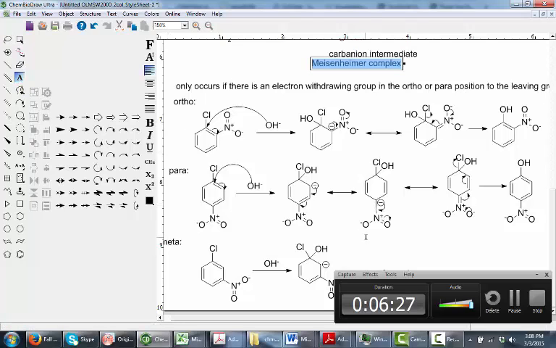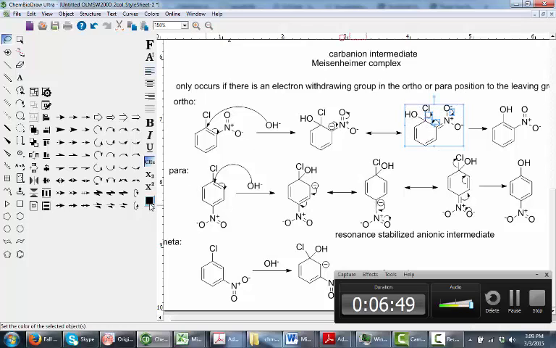So this has a resonance stabilized anionic intermediate. If I have the nitro group at either the ortho or the para position, that allows me to access resonance stabilization that includes the nitro group. That's what I'm showing over here. That is a resonance stabilized form that includes the nitro group, and this one here is also a resonance stabilized form that includes the nitro group.